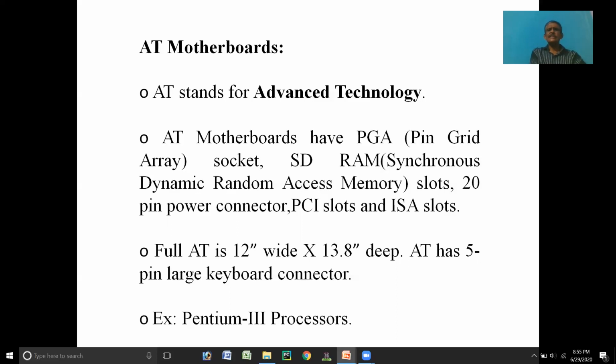and it has 20-pin power connector, and it also has two more slots, that is it contains PCI slots. Here PCI stands for peripheral component interconnect, and ISA slots, that is industry standard architecture slots.